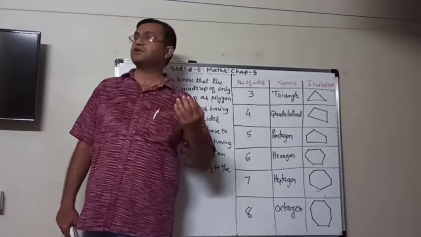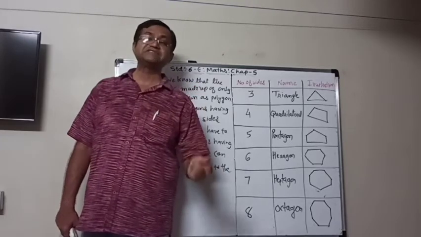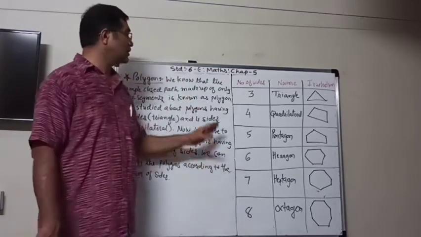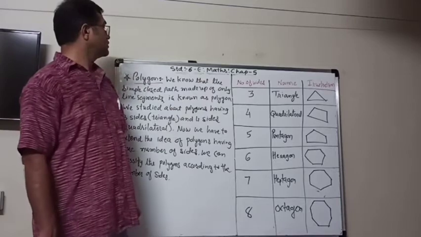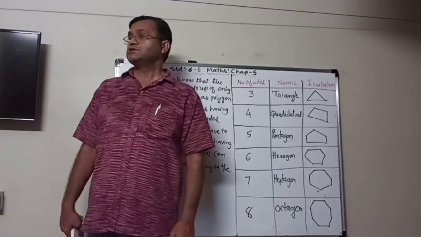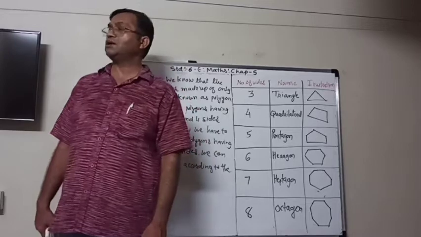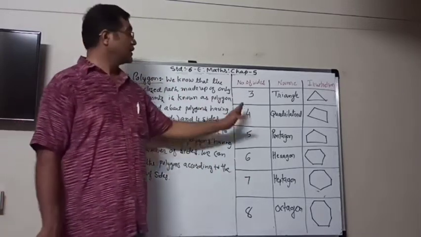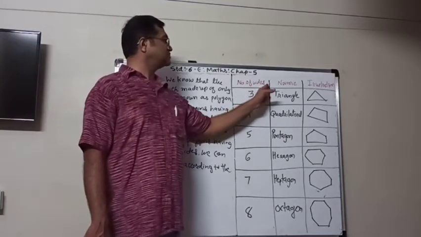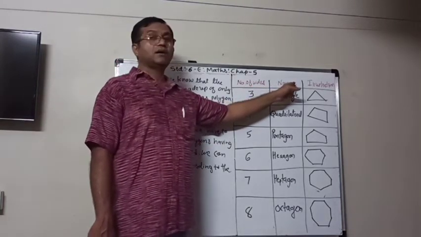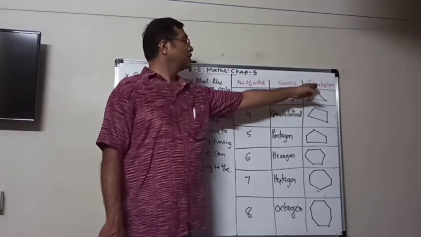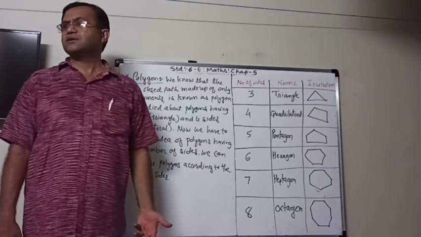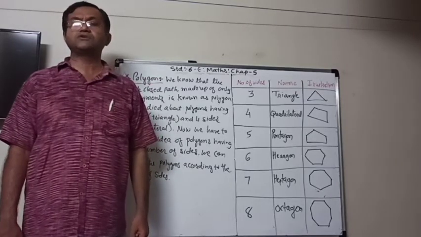And according to the number of sides, we have to classify the polygons. So as I showed in the table here, the classification: the number of sides, the name of that polygon, and how the figure looks.